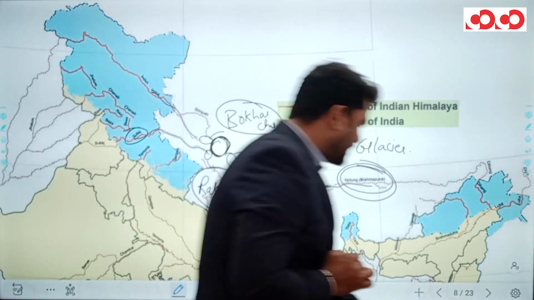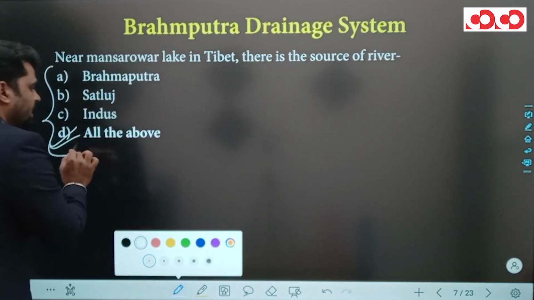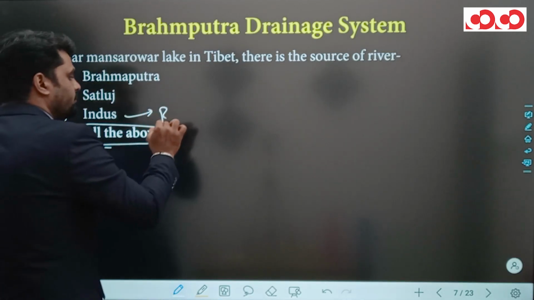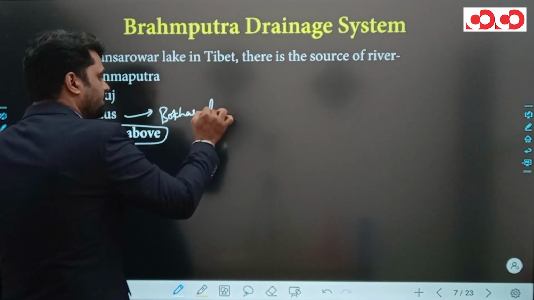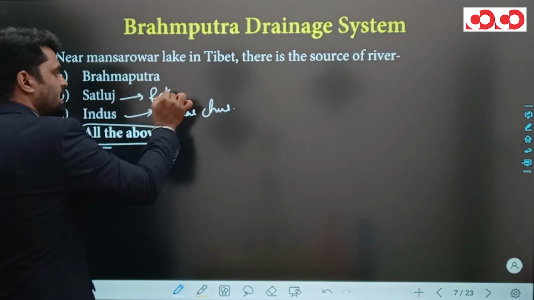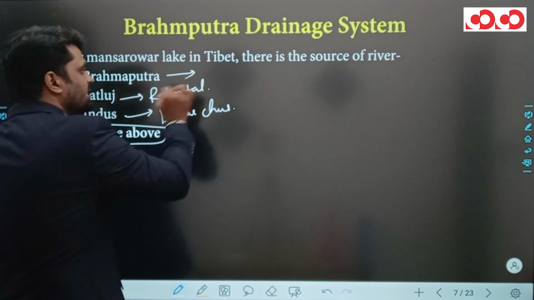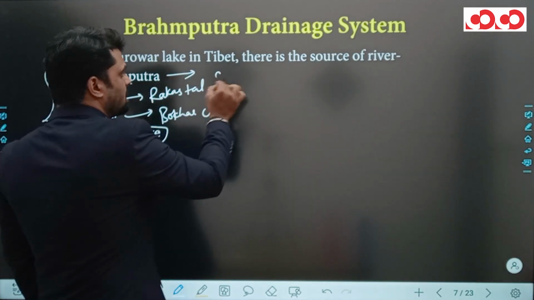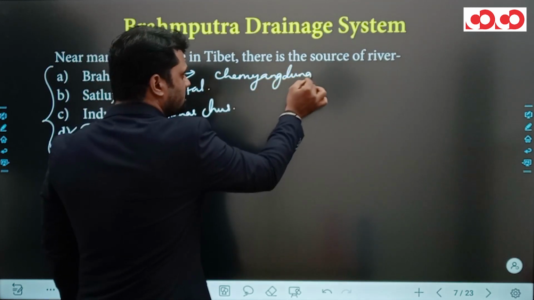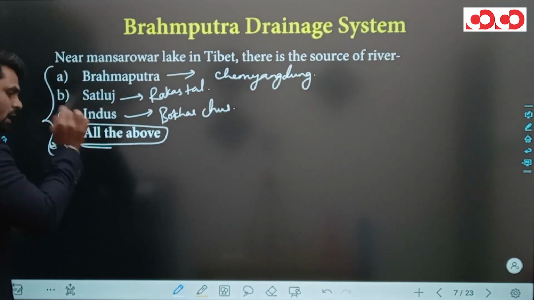So according to this image, the right answer of this question will be option D, that is all of the above. We have seen the origin place of Indus, which was Bokhar Chu, is also near Mansarovar lake, and the origin place of Satluj, that is Rakas Tal, is also near Mansarovar lake, and the origin place of Brahmaputra, which was Chemayungdung, is also near Mansarovar lake. Clear? So the right answer of this question is option D.